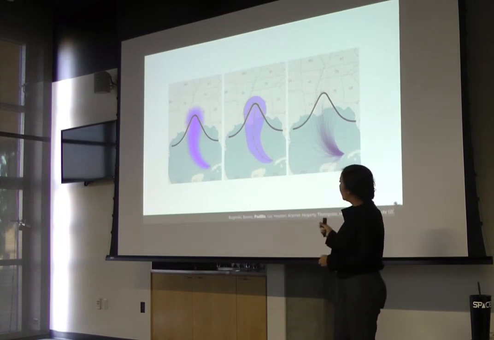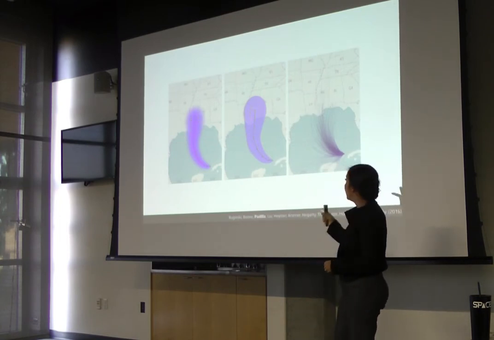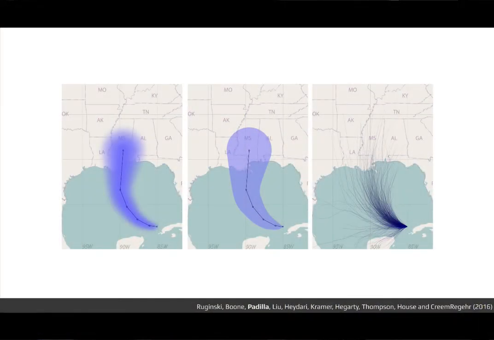But when we have people do damage ratings with these 2 cone versions, we find that people give higher damage ratings in these areas and lower damage ratings out to the side. They see this as the danger zone and the safe zone, which is not how they're intended to be interpreted.